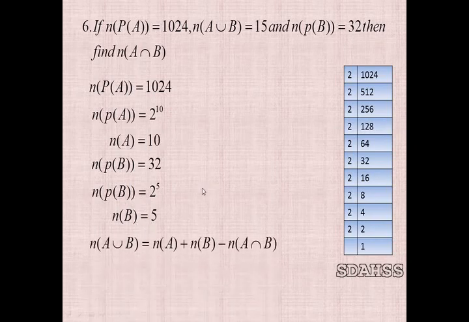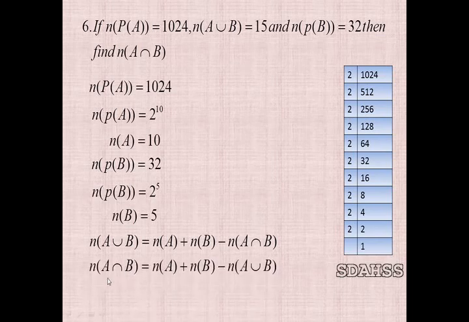Then we know that n of A union B is equal to n of A plus n of B minus n of A intersection B. So n of A intersection B is equal to n of A plus n of B minus n of A union B. Substitute all the values in this formula.